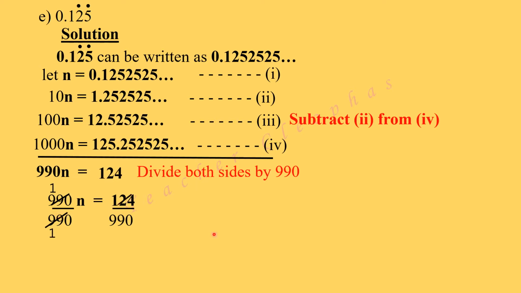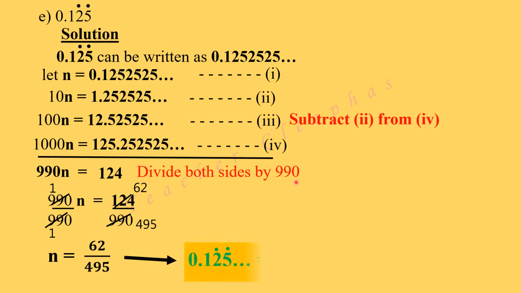On the right hand side, if we divide 124 by 2, this gives us 62, and by 2 on the denominator, this gives us 495. So n equals 62 over 495. Then it means that our solution is 62 over 495.